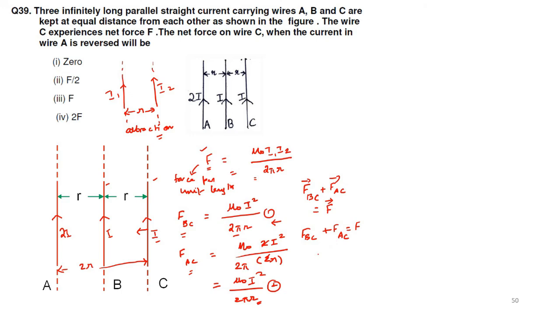Or you can write this as F1 plus F1 is equal to F. They are equal, so I just call this F1 just for simplicity's sake. Of course it will be equal to 2F1, but in the question he has given F, so I just call it F. This is for case 1.